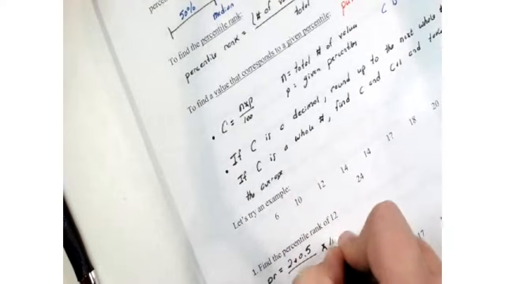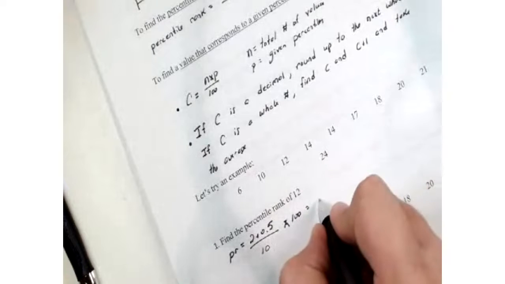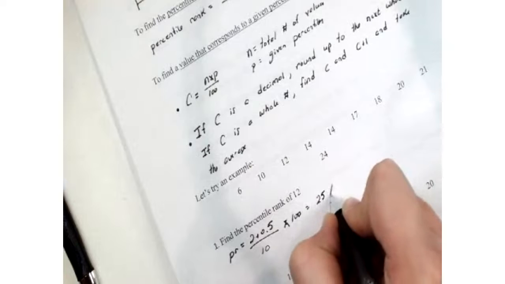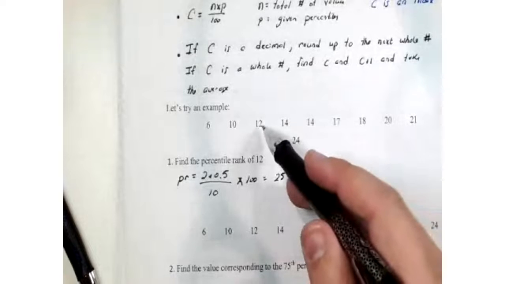So 2 plus 0.5 is 2.5, over 10 is 0.25, and times 100 is 25%. That means 25% of the data falls below 12.